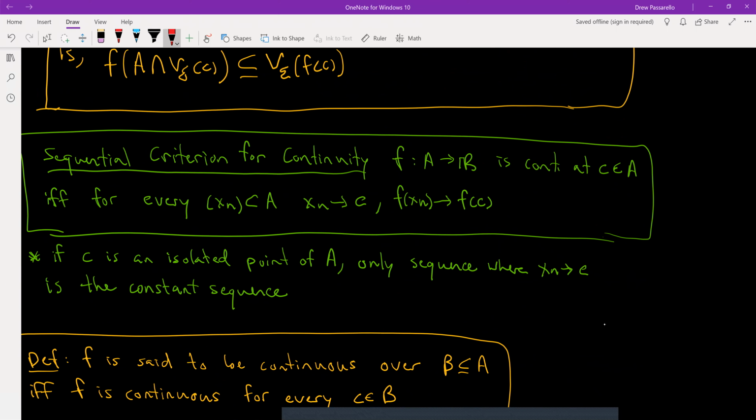So now our sequence x_n is in A, whereas for the limit definition of the sequential criterion, it was in A with c subtracted out, so now we're including c. Now, if c is an isolated point of A, then the only sequence where x_n converges to c is the constant sequence. So it's only true if we have a sequence of only c's.